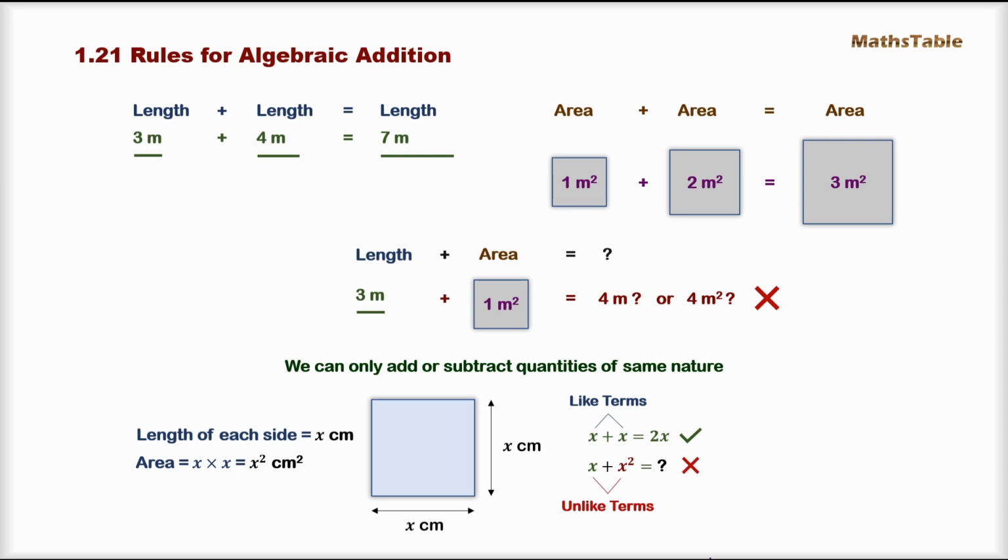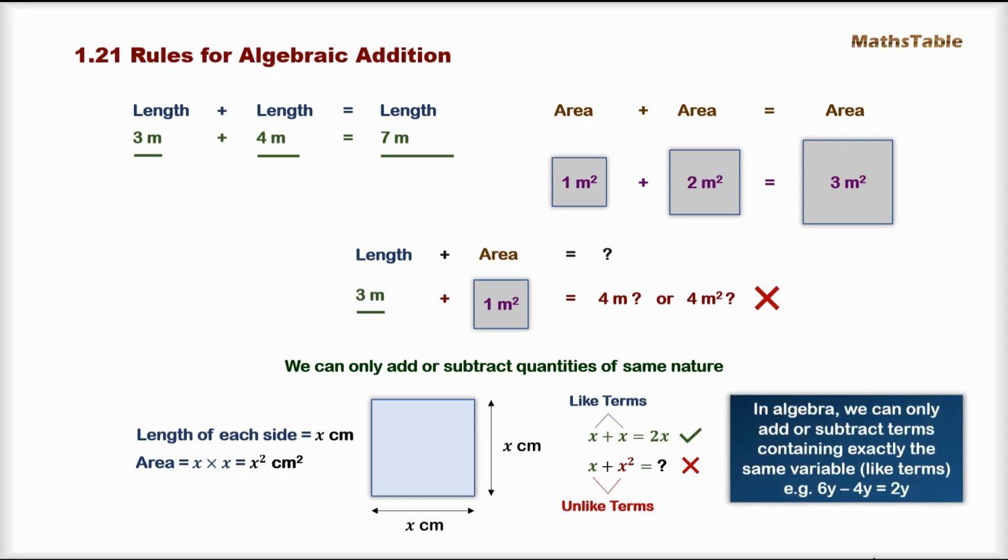So it is not possible to add x to an x square because x means length and x square means the area.